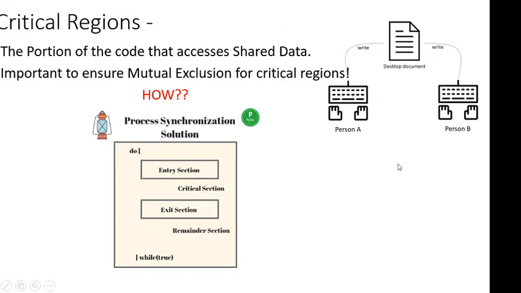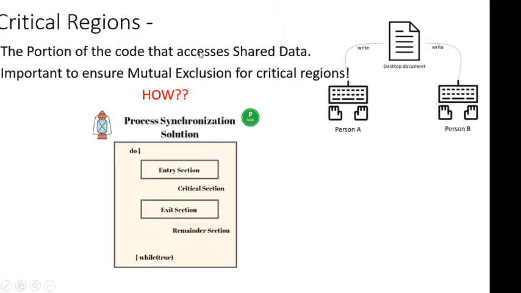So in one big program, that section of the code that is responsible for writing to a shared document, that code is called your critical region. Critical, because when you start writing to the document, if you overwrite while another is writing, again a race condition happens. Not all lines of code in a program create the race condition, only certain lines do. Only those lines that are responsible for writing to the shared document are called your critical region.